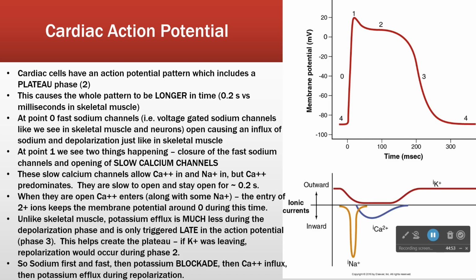But the second thing is it means that the refractory period of cardiac muscle is much, much longer than skeletal muscle is. This is a good thing, all right? The heart can't contract effectively too fast, all right?